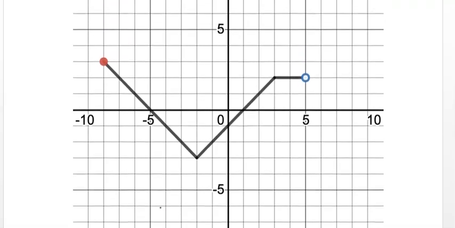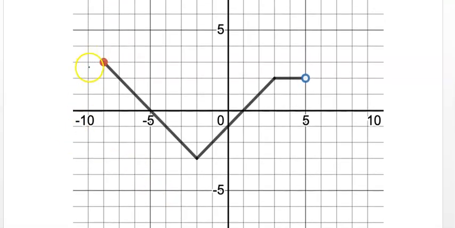So to move every point here 1 to the left, you could do it point by point. You could say, okay, this point was -8, 3, and you've got to be careful here because these grid lines are worth 1 each.